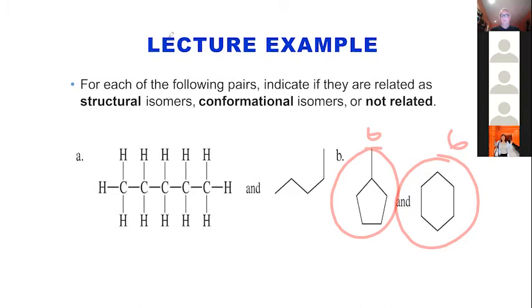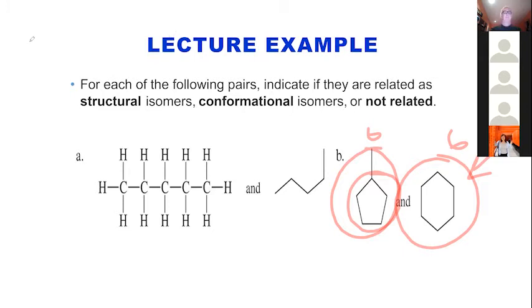Would this one be structural? Yeah, that one's structural. They're different. This one is cyclohexane, and this one is methylcyclopentane. So those are different molecules that have the same formula.